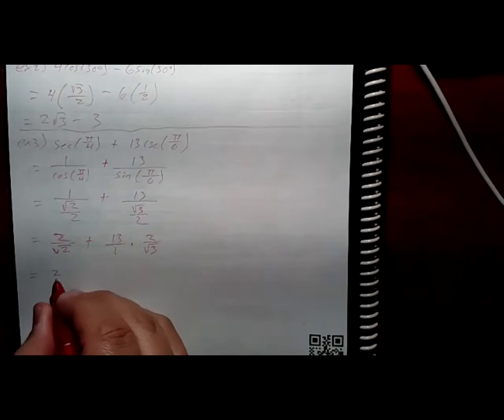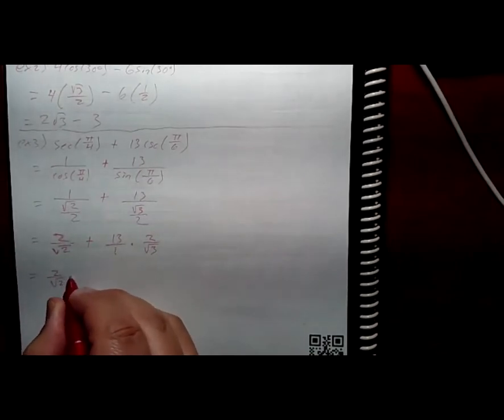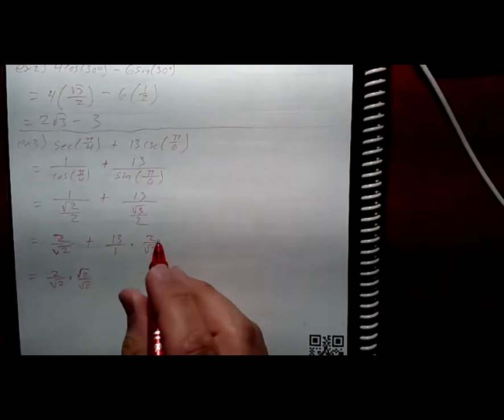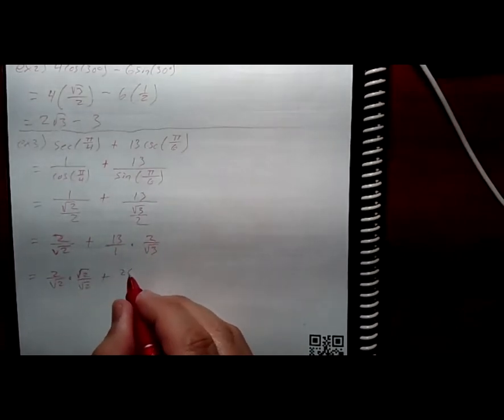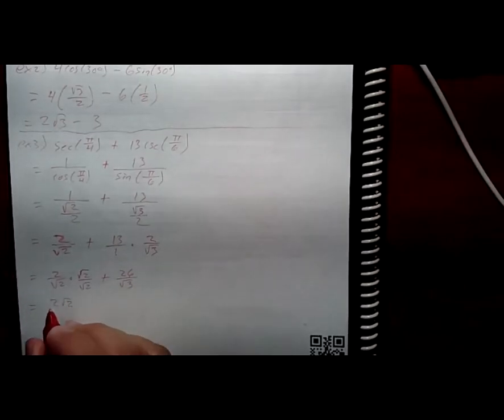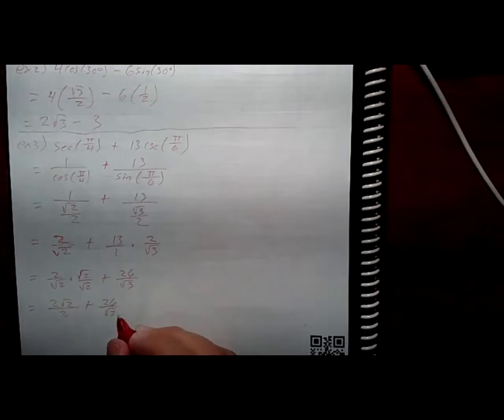Okay. Rationalize this guy. Multiply. So this would be 2 root 2 over 2 plus 26 over root 3. Rationalize this guy.